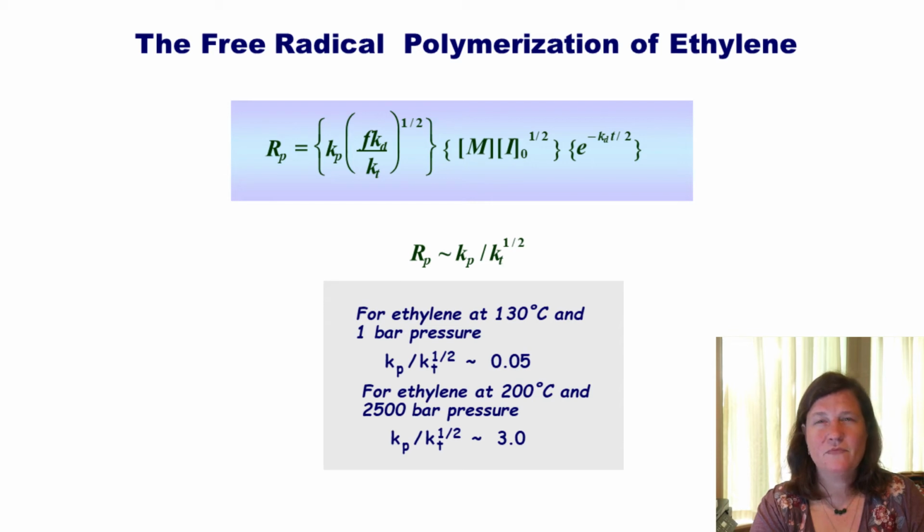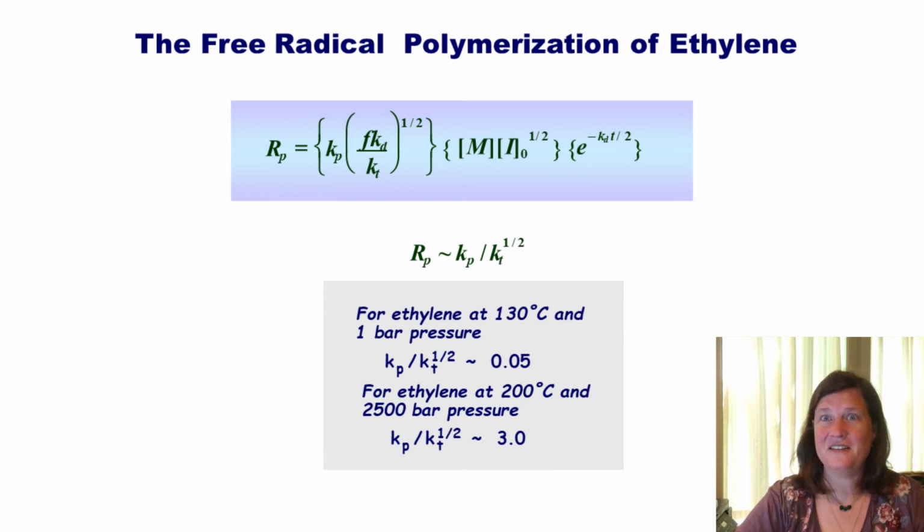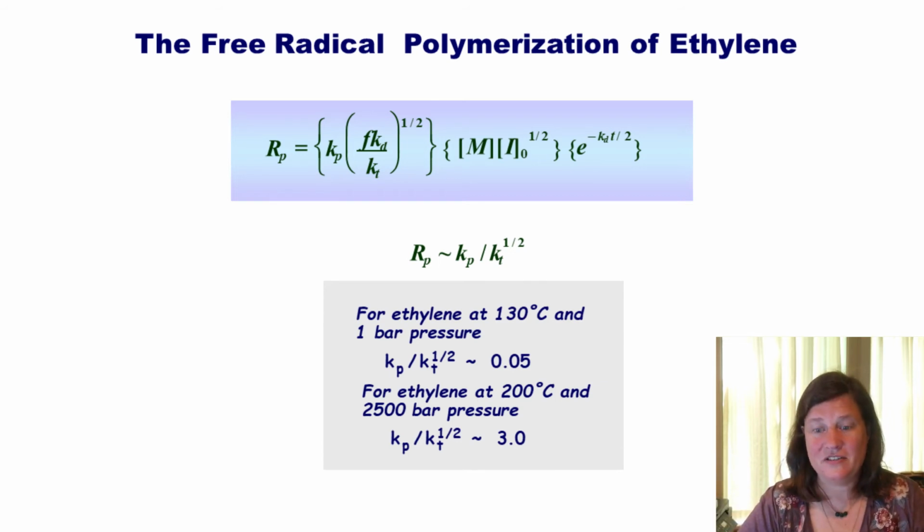No, it's pretty slow, okay? Now, if we raise the temperature just slightly, but we raise the pressure substantially, up to 2,500 bar, we go from 0.05 up to 3. So a 2 order of magnitude increase in those rate constants and a dramatic increase in our overall polymerization rate.